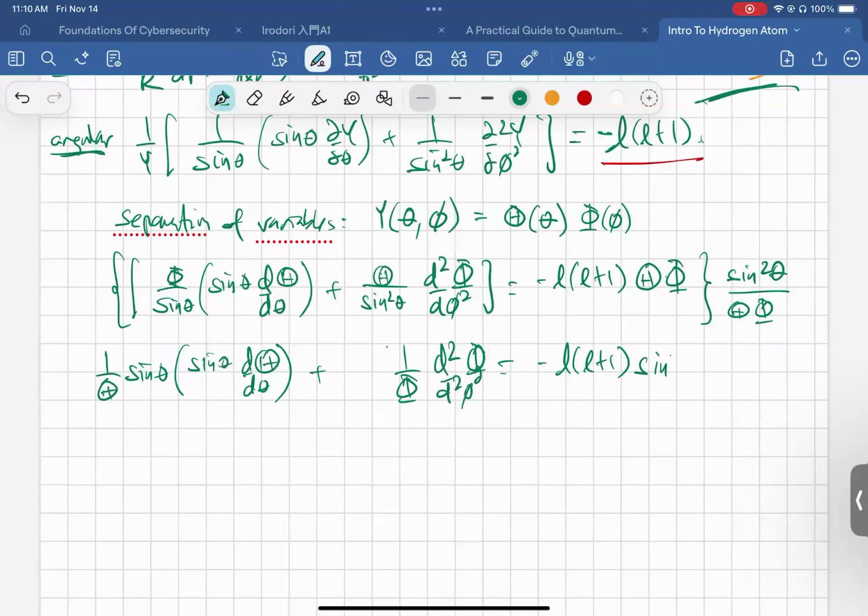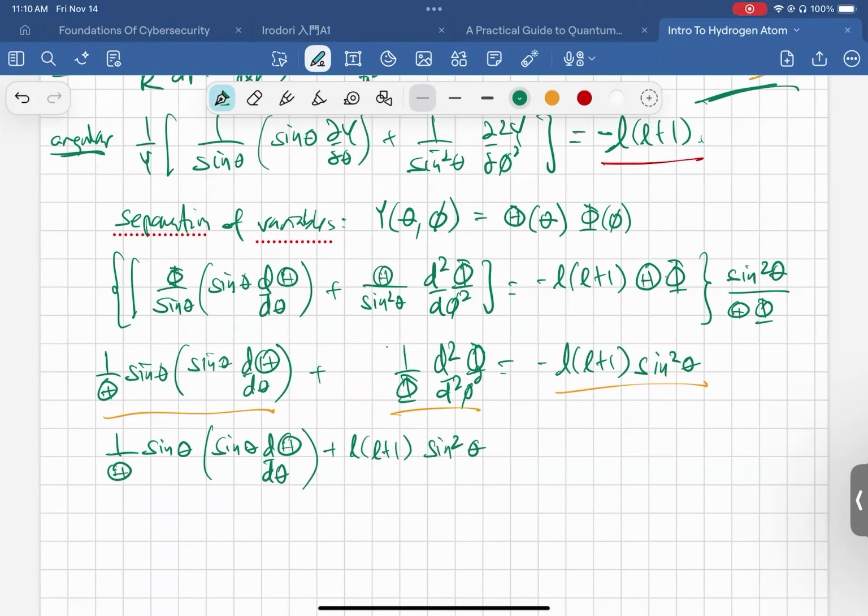And this is sine squared theta. So now we have etong part na to, which is dependent only on theta. Okay, and then itong part na to, which is dependent only on phi. Okay, so if we rewrite everything, then we get 1 over capital theta sine theta d theta capital theta plus L times L plus 1 sine squared theta.